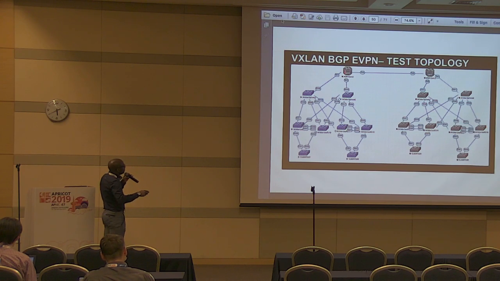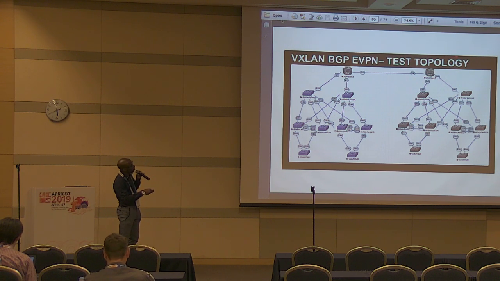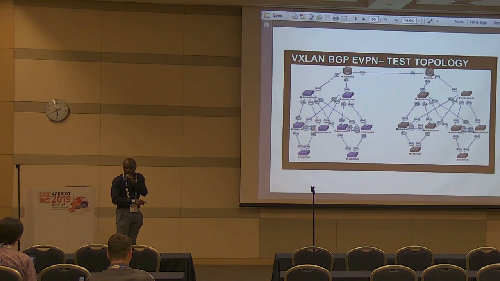The Cisco here at the top, you can think of it as a border device or border leaf, for instance. So that's my one link connecting the two data centers. And the whole idea is to have an L2 service or L3 service and provide connectivity across the data centers, irrespective of the geographical location of those data centers.